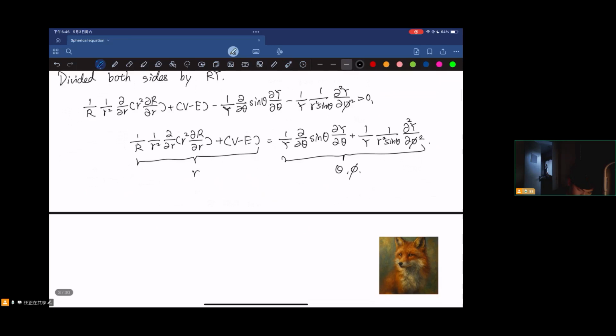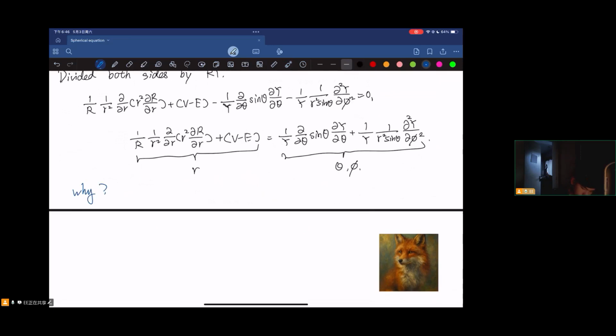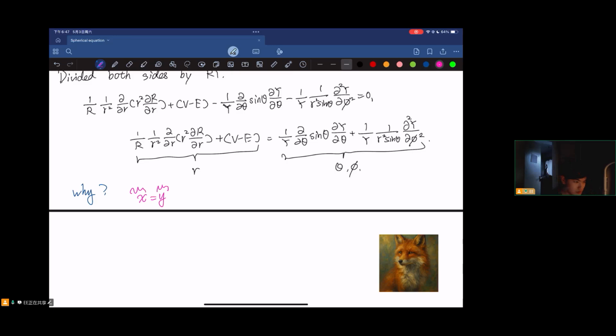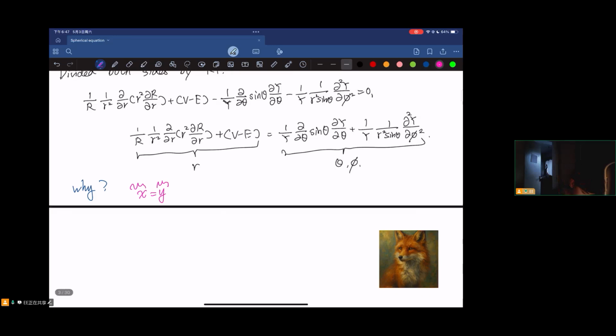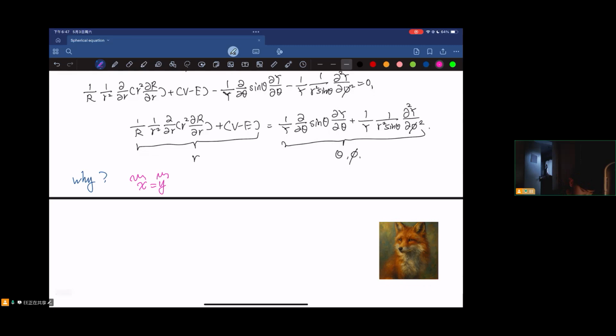Okay, but why? So for example, let's think about x equals y, right? The left side is only related to x, the right side only related to y, and x and y, they're independent variables. They're not dependent. Okay, so if I analyze x, let's say I take the derivative with respect to x, because I want to see if the function on the left would change if I change x.